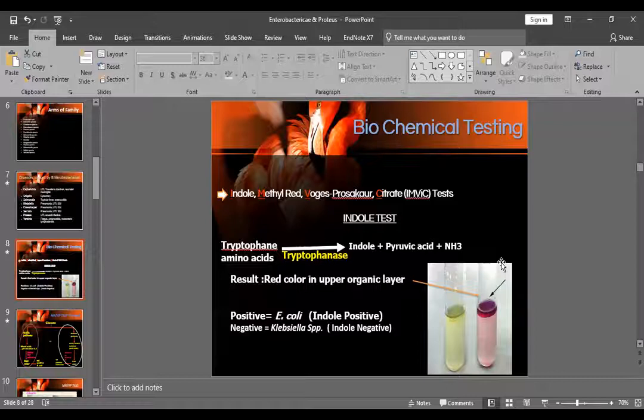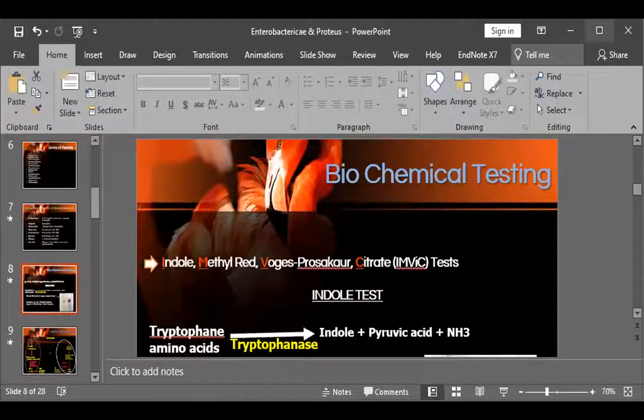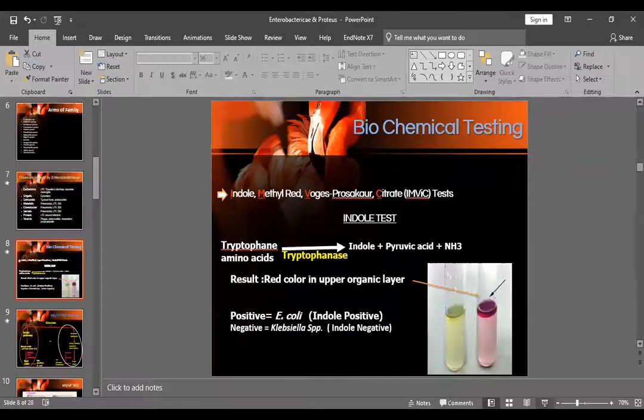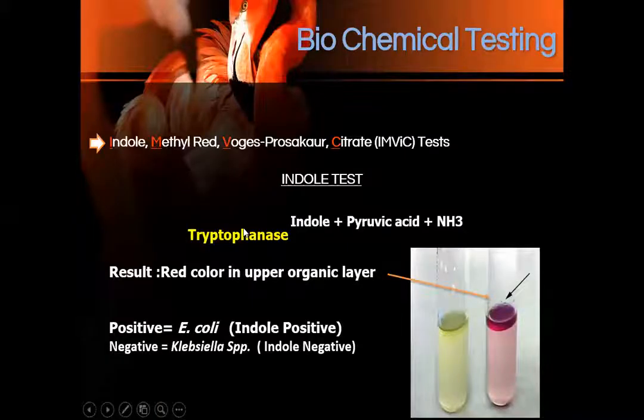E. coli can produce indole, and on the other hand, Klebsiella cannot produce indole. Okay, so this is a very important test to differentiate, especially between lactose fermenters, because E. coli and Klebsiella both are lactose fermenters in the Enterobacteriaceae family, and they grow pink on the agar.